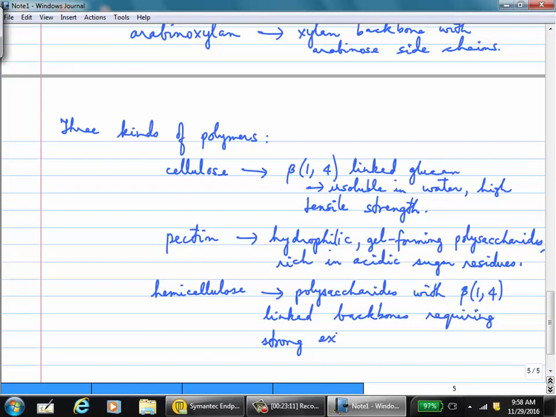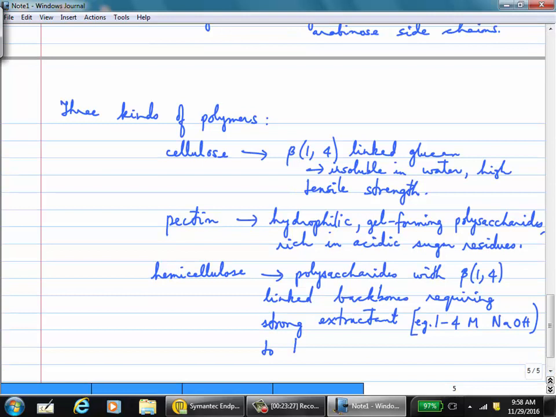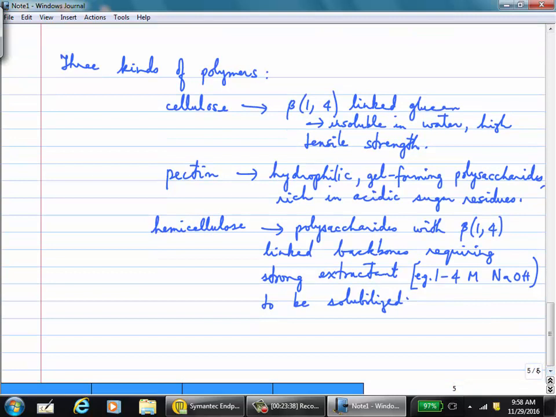If you're trying to dissolve this out, it's not easy. Requiring strong extractant, for example, maybe 1 to 4 molar sodium hydroxide, to be solubilized. So of these three, only pectin is the one that is soluble in water.